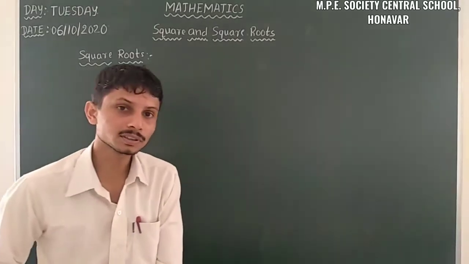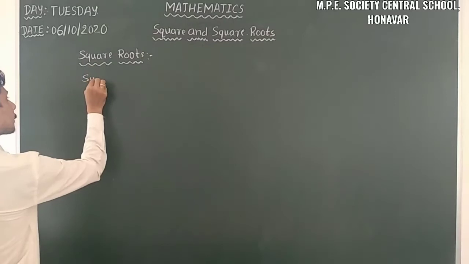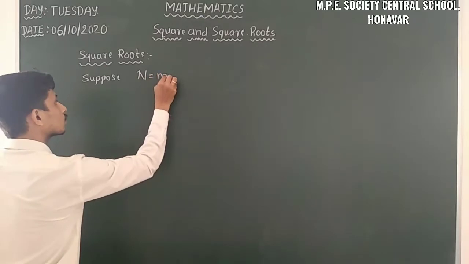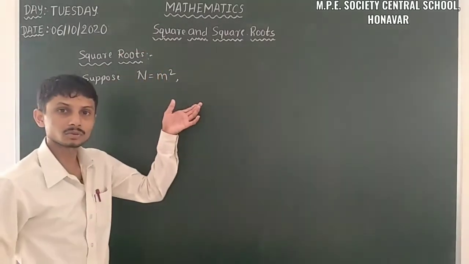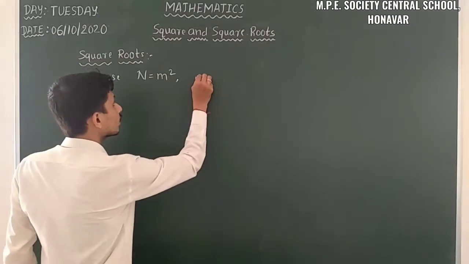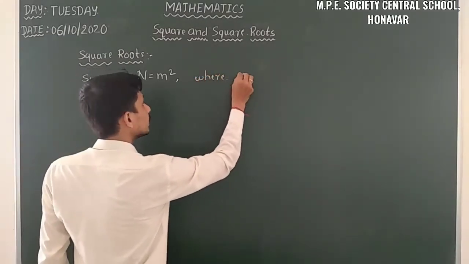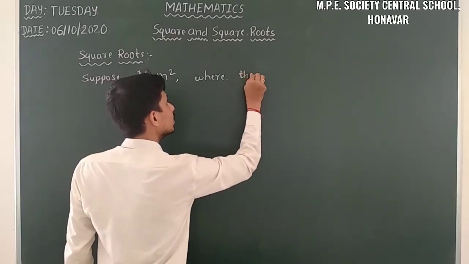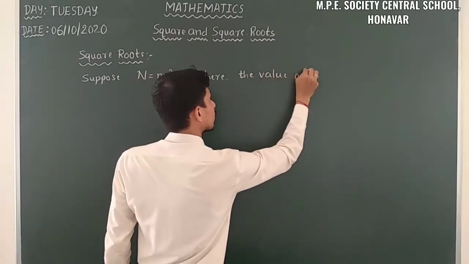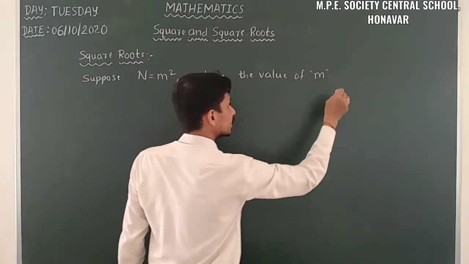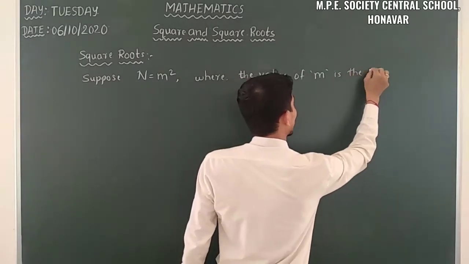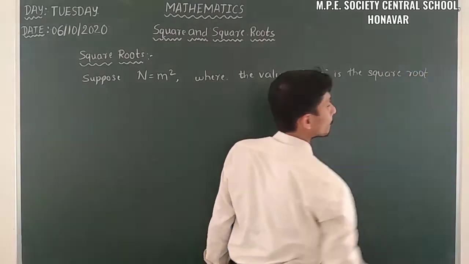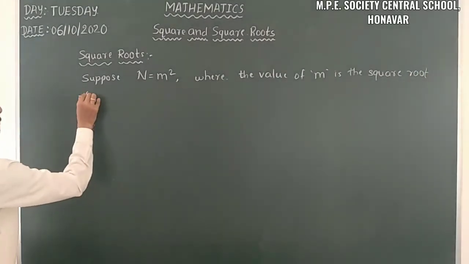Suppose n is equal to m square, where the value of m is the square root of n.